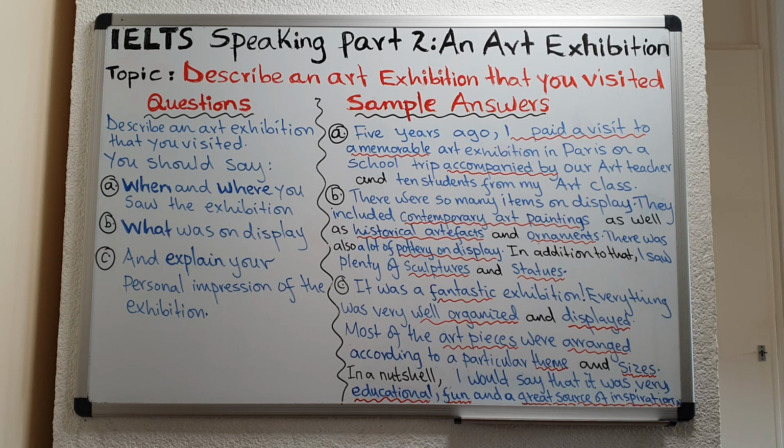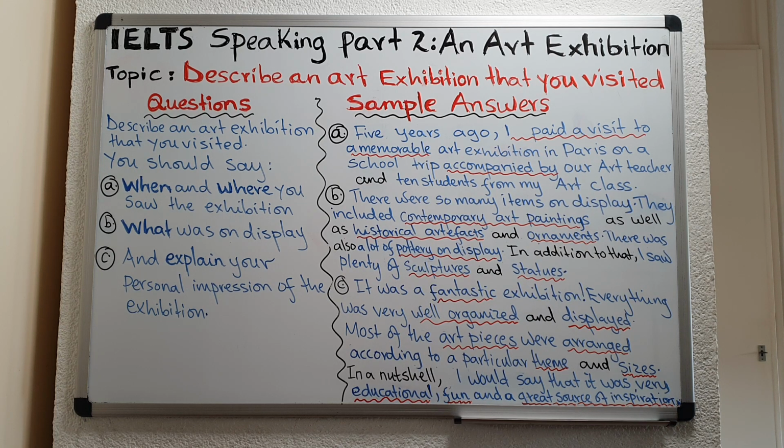Explain your personal impression of the exhibition. Now, the exhibition happened in the past. So when you're giving your answers as to what you thought about it, you have to write that in the past tense. It was a fantastic exhibition. The verb was is in the past tense. Everything was very well organized. Was, again, is in the past tense.